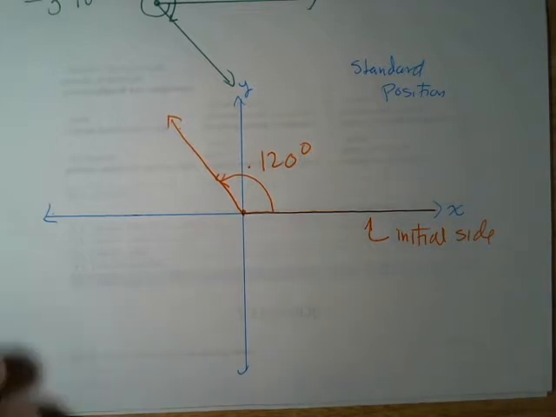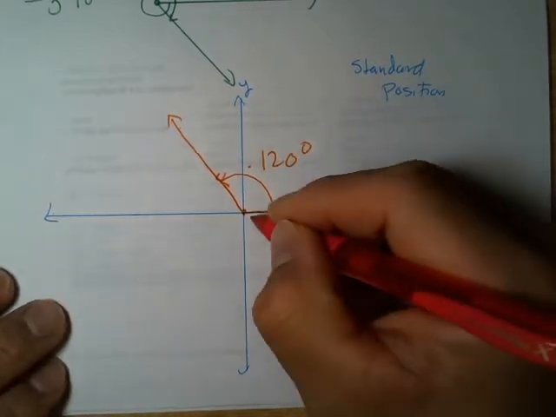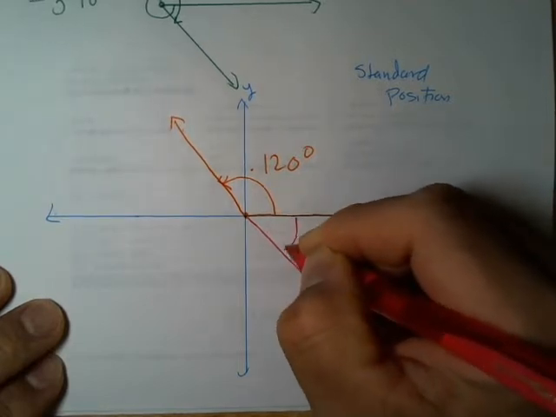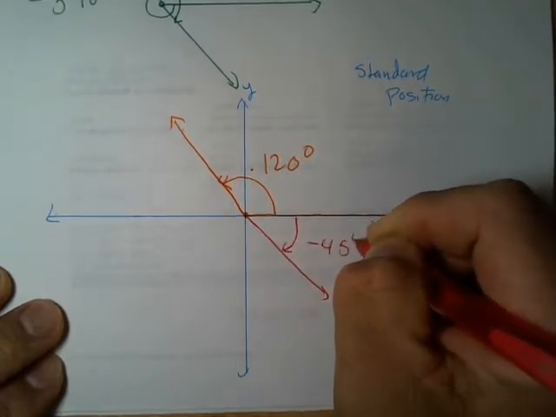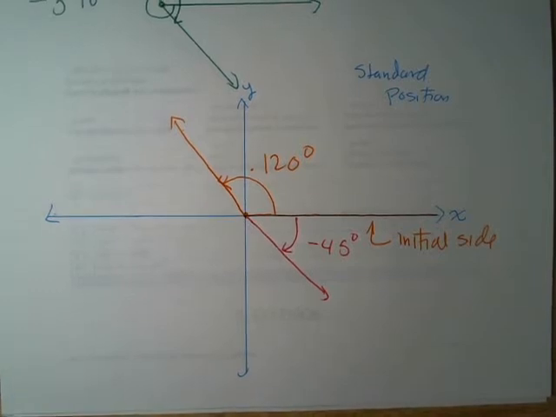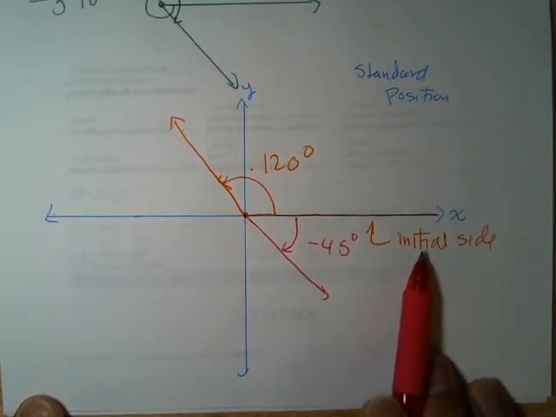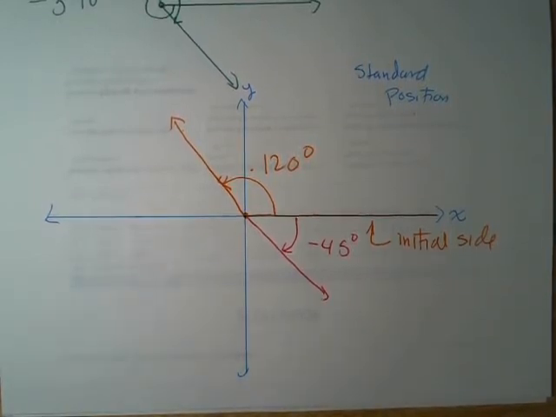If we are trying to refer to a negative angle, let's call it negative 45 degrees, the initial side is always the positive x-axis, and then that would go in the clockwise direction. That's how we orient these angles in standard position: the initial side is always the positive x-axis.